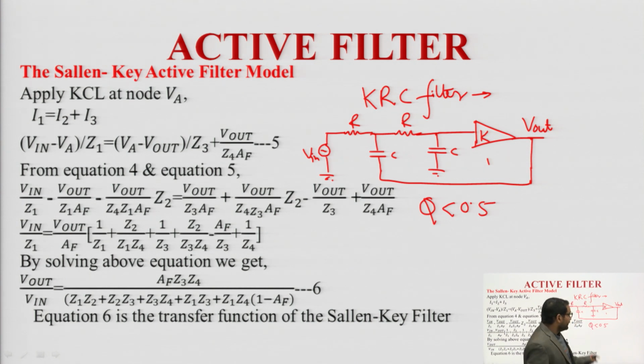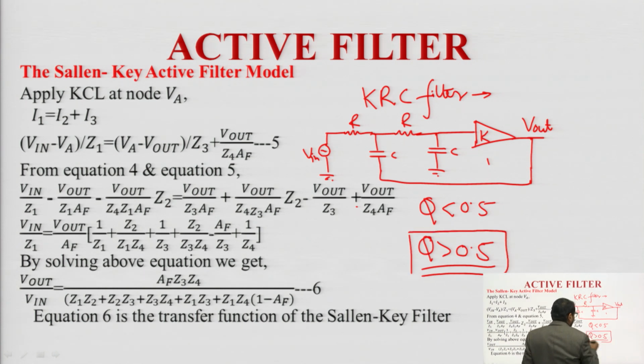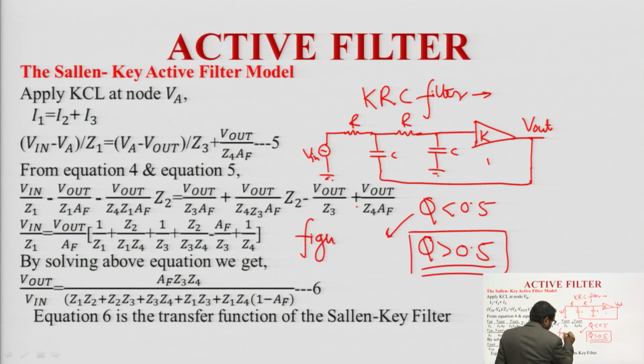If you use this topology, positive feedback as in the Sallen-Key, then we easily achieve Q greater than 0.5. It gives better selectivity. Q is the figure of merit.